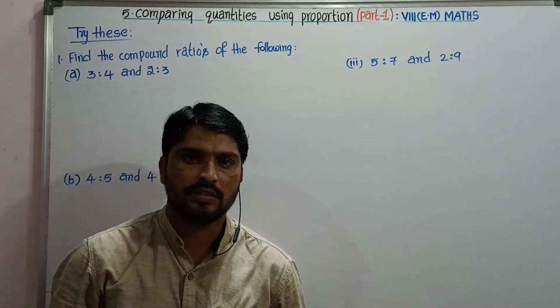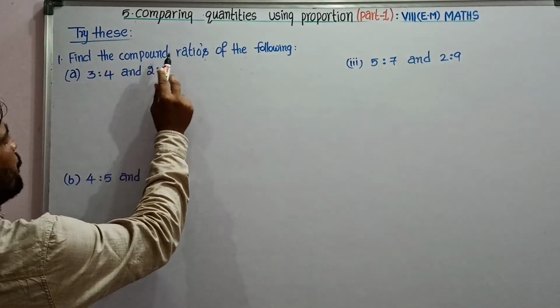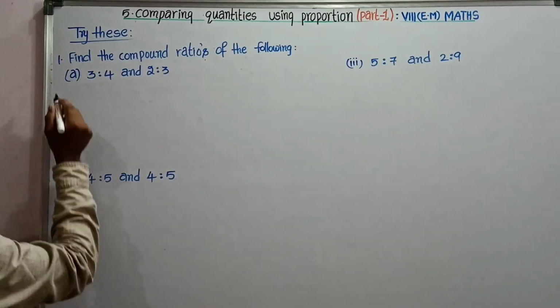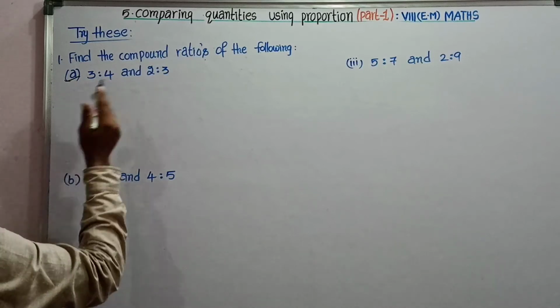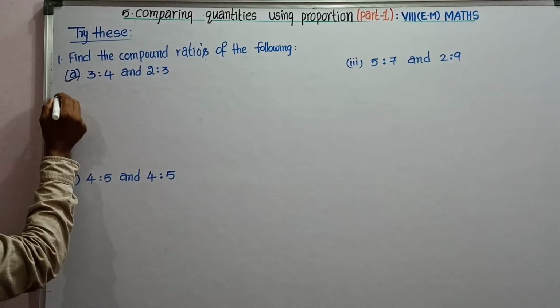Next, we have a try this on the concept of compound ratio. Let us see it. Find the compound ratios of the following. A, 3:4 and 2:3. We have to find the compound ratio of 3:4 and 2:3.